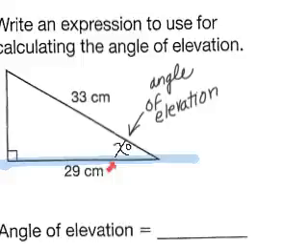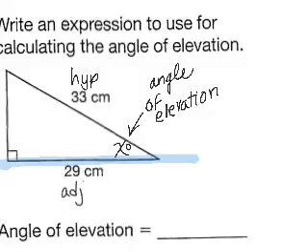So here is our angle of elevation. We've got some pieces of information that we can use here. We've got this side, and if we notice that it's straight across from the right angle, we know that this is the hypotenuse. And then we've got this side, which is right beside the angle of elevation, so we know that this is the adjacent. And because we know adjacent and hypotenuse, we're going to be using cos.